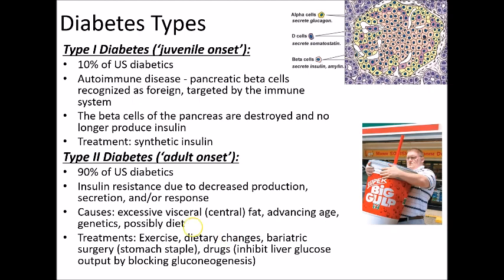There's often an associated decrease in production or secretion, but it's usually the response by the receptors that is affected the most. Some people argue it's a downregulation of receptors, so we've decreased the number or sensitivity of receptors to high levels of insulin over time. It's still controversial whether or not that's really true.